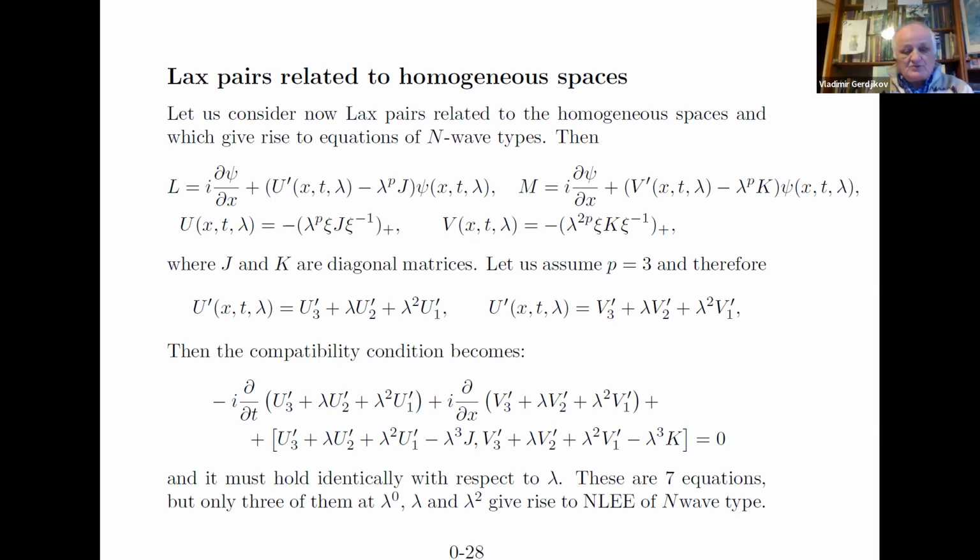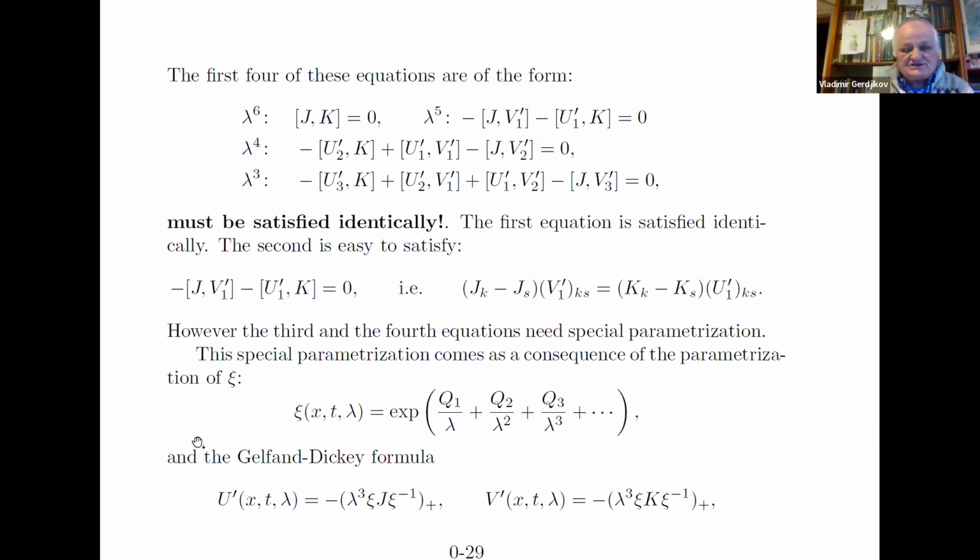And we calculate again U and V using the Gelfand-Dickey approach. We calculate the compatibility condition here. It must be satisfied to any power of lambda. What happens here is a little bit different than for the MNLS case.